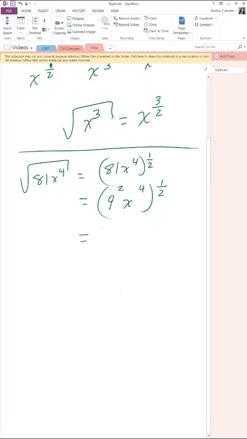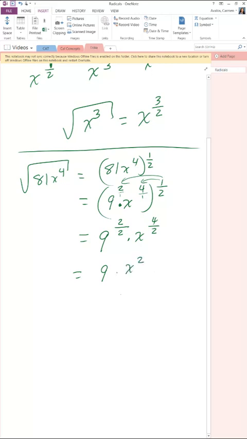Anytime we are multiplying things in the quantity, with no plus or minus in there, you distribute the exponent to the other exponents. But that only happens when it's multiplied and not when you're adding. So when you distribute, this is over 1, that's over 1. We end up with 9 to the 2 over 2, because 2 times 1/2 becomes 2 over 2, and then you have x to the 4 over 2.